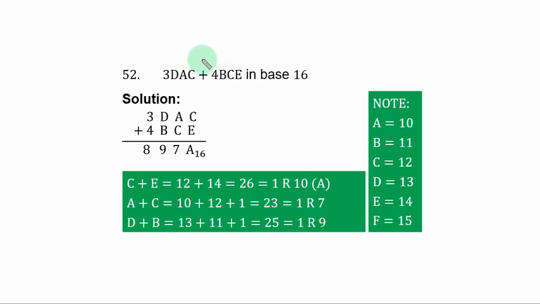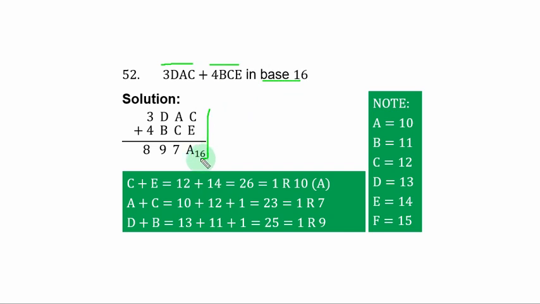Example 52. You have 3DAC plus 4BCE in base 16. Rearrange the numbers for us to add properly.